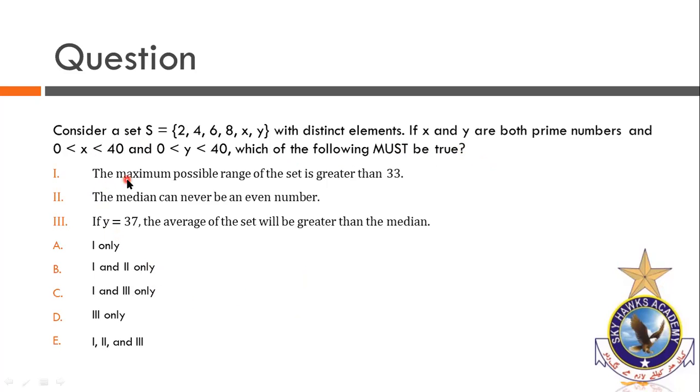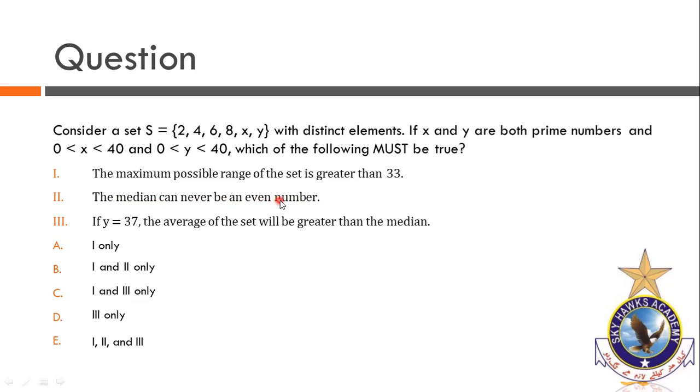The maximum possible range is 33, and we have seen that this will increase, that will be 35. 35 is always greater than 33. Then we have seen that whatever x and y are, according to the given conditions, every time we get the median that is odd all the time.